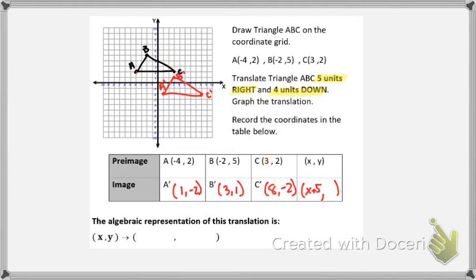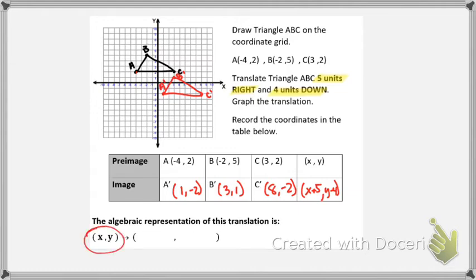What about the y's? We go from 2 to -2. That means we subtracted 4. Okay, 5 minus 4, we get 1. 2 minus 4, we get -2. Right, so here I'm going to put y minus 4. And that's going to be my algebraic representation.